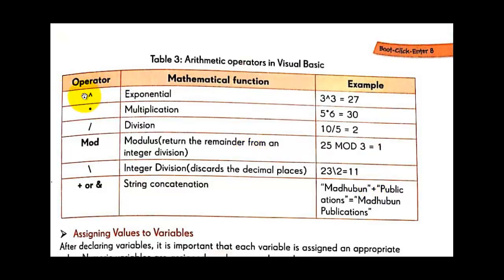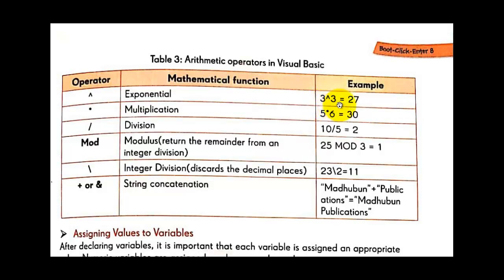Now what is this operator called? This is called caret, C-A-R-E-T. This symbol is used for exponential, that is for power. In your usual mathematics you can call it power: 3 to the power 3, that is 3 cube, or 3 raised to 3.